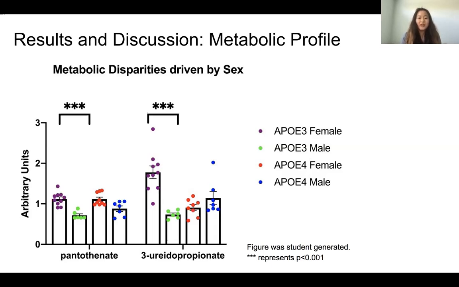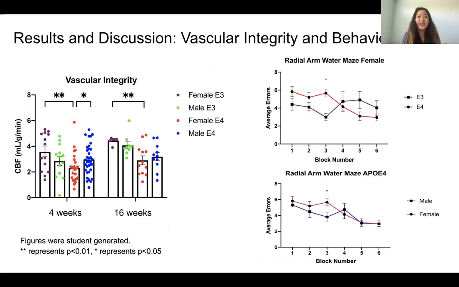Also, knowing that vitamin B5 is something you can find on your cereal boxes or in the pharmacy is really compelling, because those who are not ApoE3 females might be able to do some more of their preventative therapies through supplementation of pantothenate, or vitamin B5. Knowing that one specific antioxidant might be contributing to the protection in Alzheimer's disease is pretty exciting. On top of the metabolic profile, I also looked at the vascular integrity and behavior.